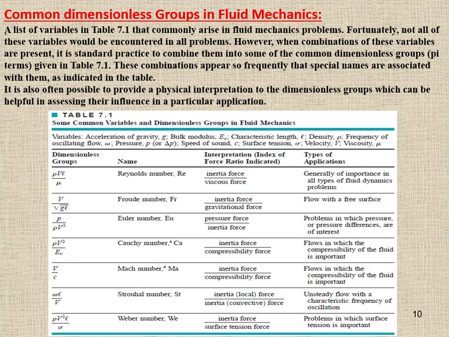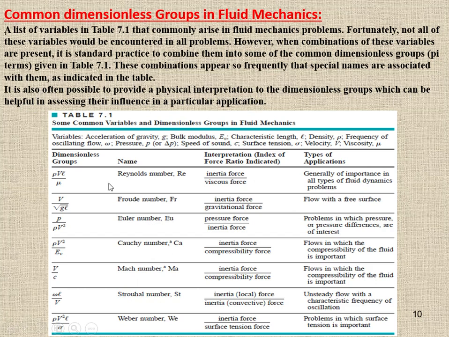These combinations appear so frequently that special names are associated with them, as indicated in the table. Whenever we know there is such a kind of problem, this dimensionless parameter or dimensionless number will appear, based on the nature of the problem. It is also often possible to provide a physical interpretation to the dimensionless group, which can be helpful in assessing its influence in a particular application.